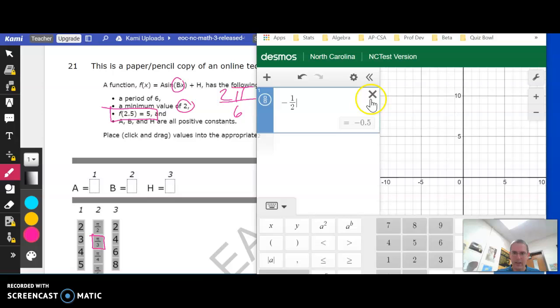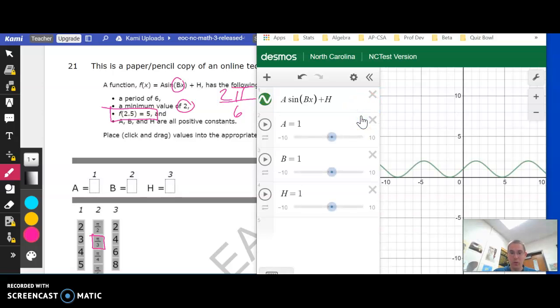So we're going to try typing this in Desmos, and I'm just going to type it in as is, a sine of bx plus h. And it offers me sliders, and I say sure. And initially it's nowhere close. I'm looking for a minimum value of 2. It probably doesn't have the correct period or anything.